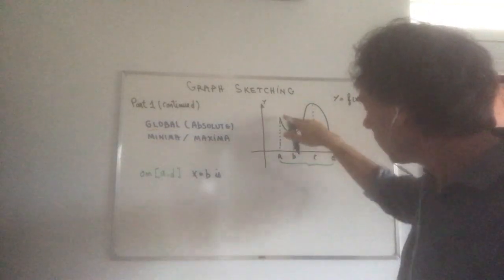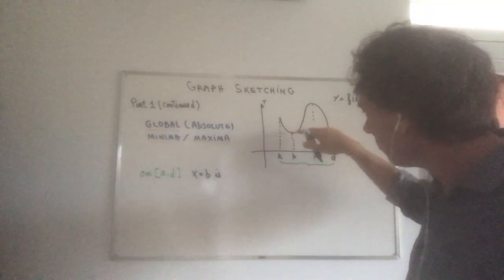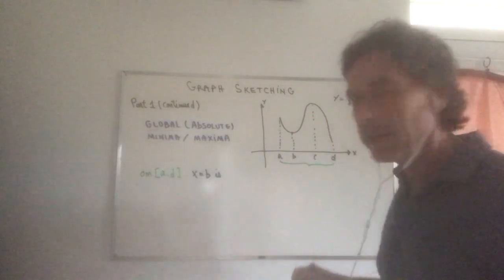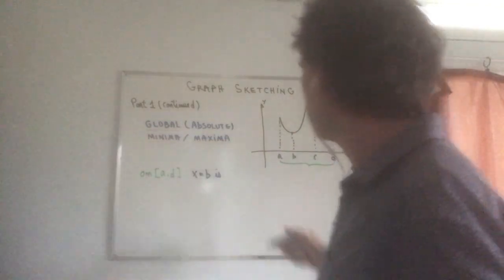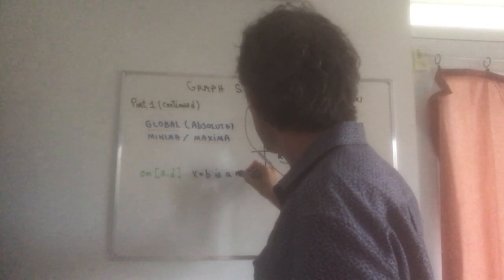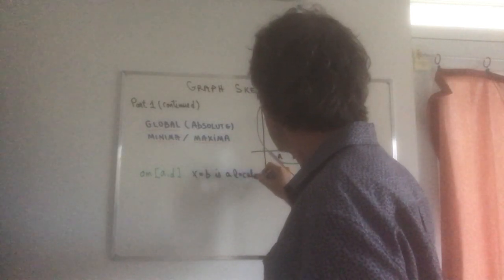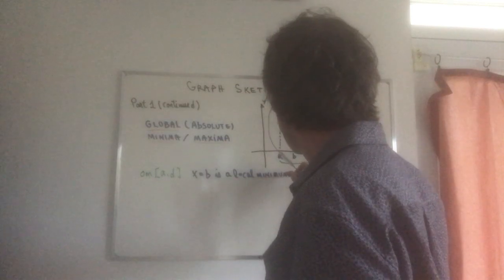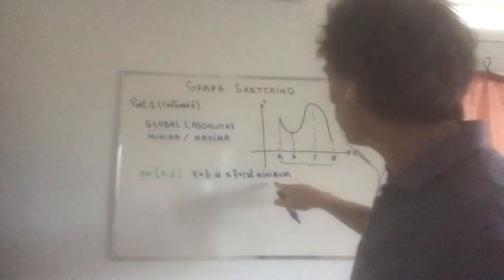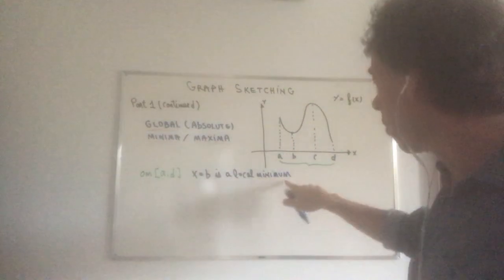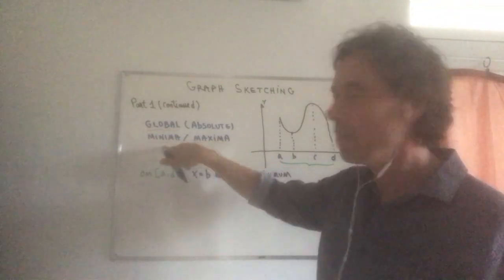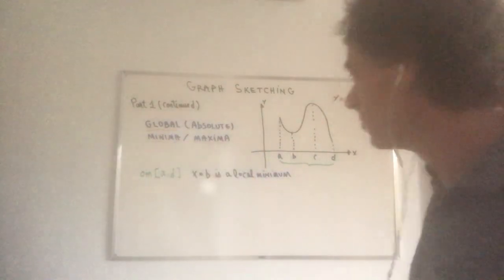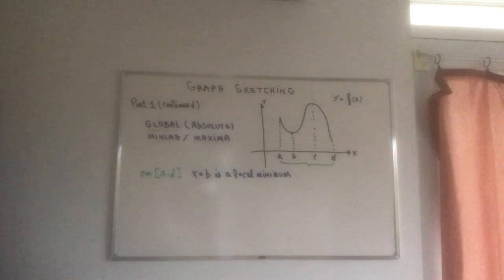What do we call such points that are at the bottom of the valley like this, locally? We call them a local minimum, a Latin word meaning the lowest. One minimum, two minima. The plural of minimum is minima in Latin.